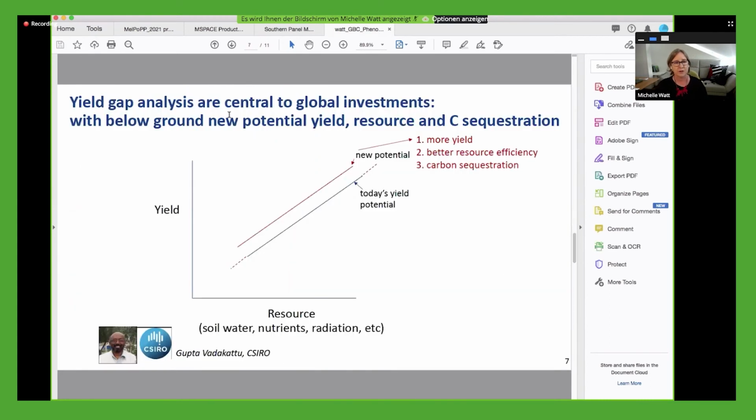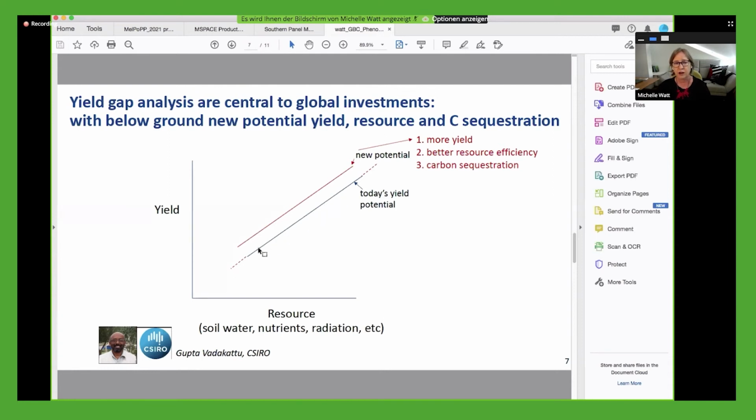Okay, and here in this figure is just an illustrative graph of what a yield gap is. Yield gap analyses are central to global investments, and it really is important that we include below ground processes in these analyses. A yield gap is shown by plotting the resource that's critical to the analysis, such as soil, water, nutrients, radiation, or even land, against the yield that's achieved for that amount of resource.